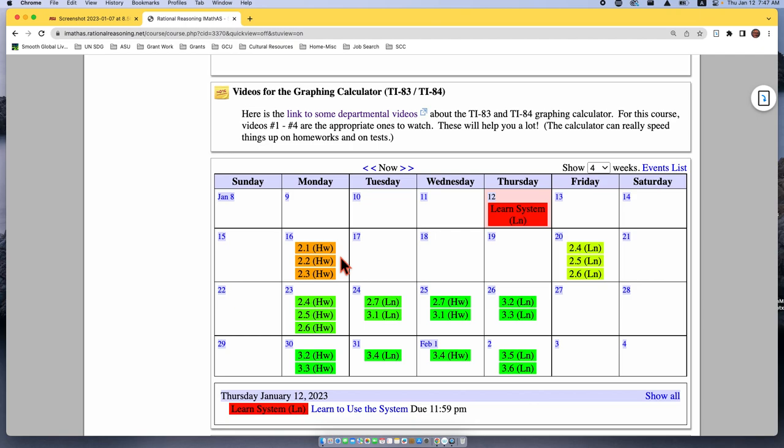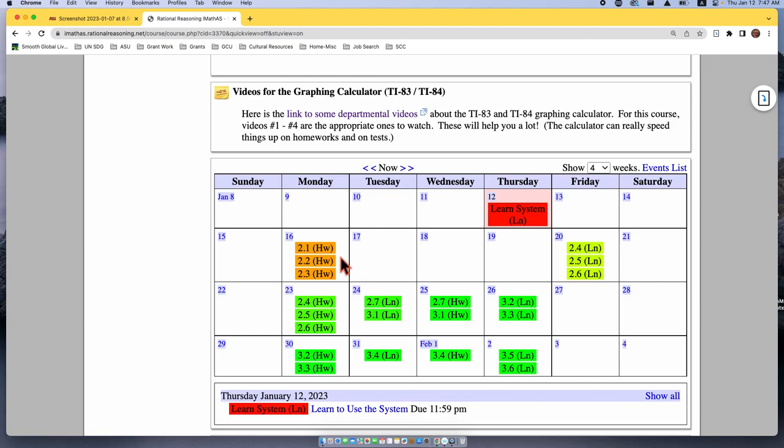But it was set up to have strict due dates, which doesn't work for all of us, and so there are these late passes. What you'll see is missing is lessons 2.1, 2.2 and 2.3, because I took them off; you have to have due dates for them to show up on the calendar. So I don't particularly use this calendar.